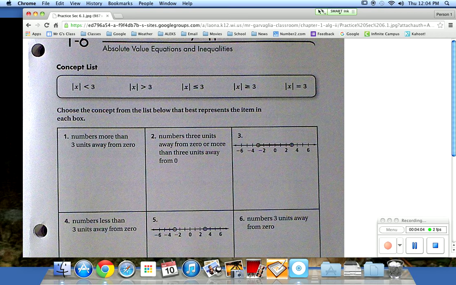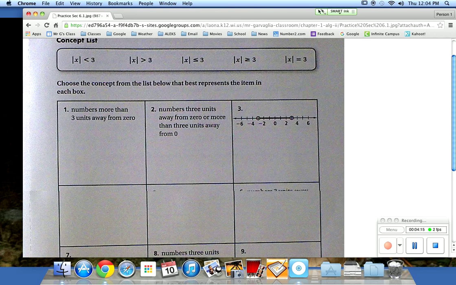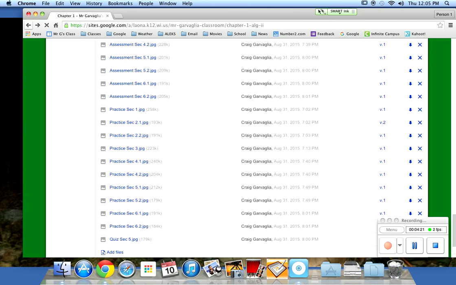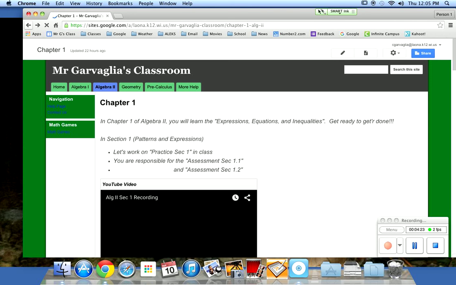It works the same way as the other inequalities, but now this absolute value is going to make everything positive. All right? Let me jump in. I don't think there's anything else I really want to go through on this. I want to jump into the next section, or the other sheet.